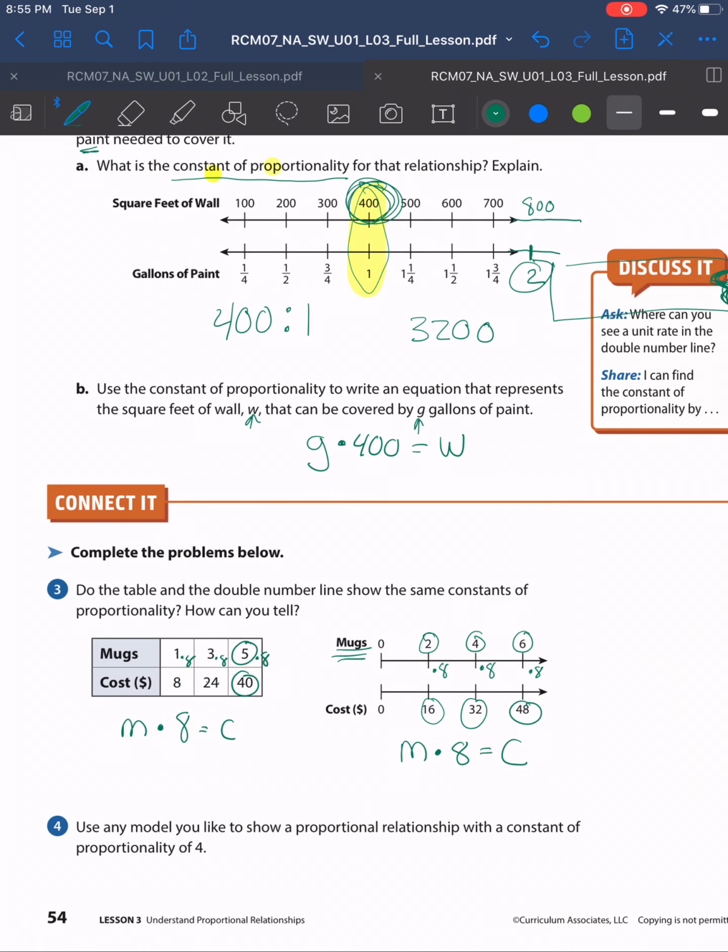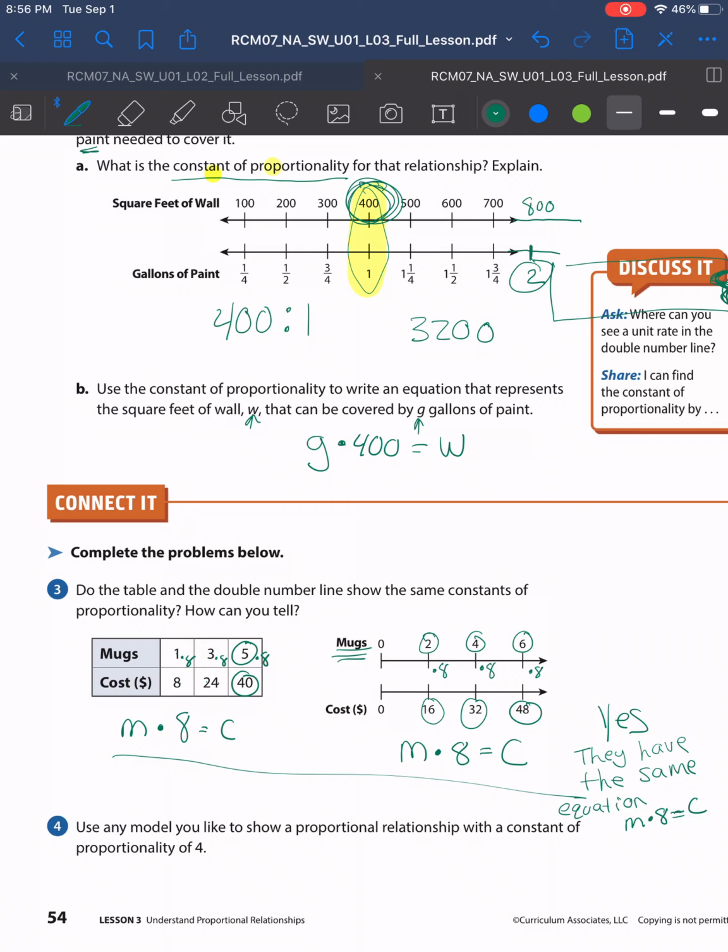So, are they the same? Yes. How can you tell? They have the same equation: mugs times 8 equals cost. That's your answer for this one.